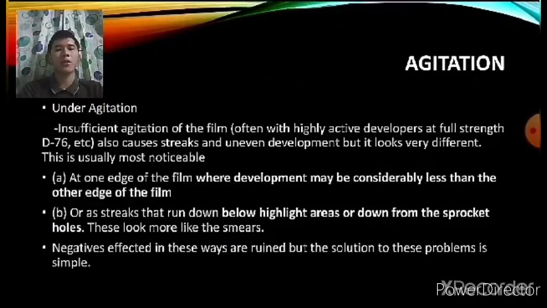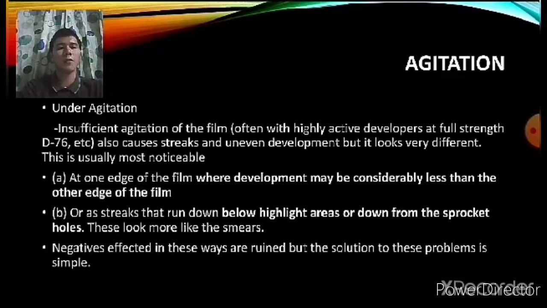Under-agitation. Insufficient agitation of the film, often with highly active developers at full strength, D76, etc., also causes streaks and uneven development, but it looks very different.